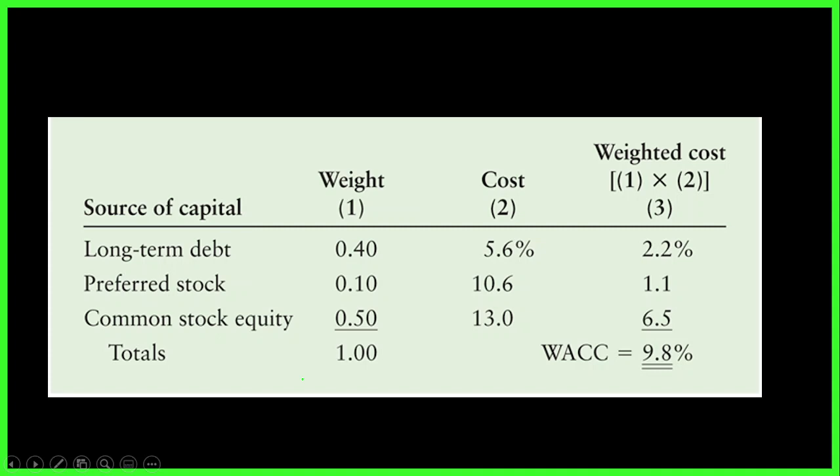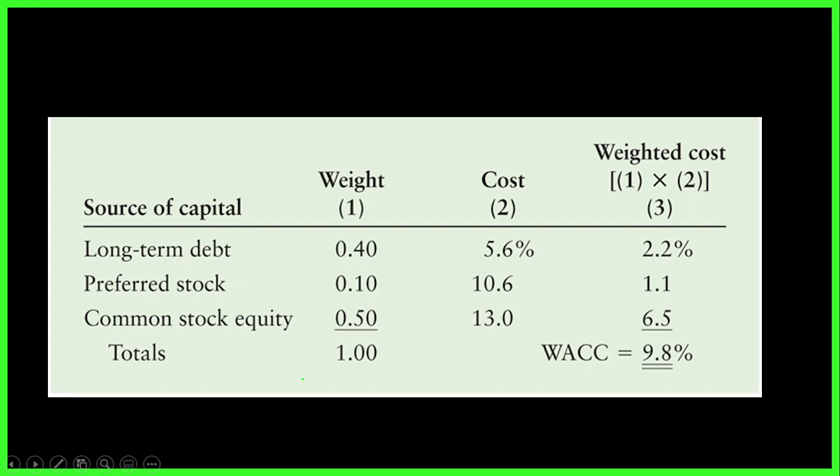So, ayan, yan yung gagamitin natin sa mga accept-reject decisions natin or for capital budgeting techniques. If you need a rate to use so that you will be able to discount the cash flows to their present values, ito yung pinakamagandang gamitin: the weighted average cost of capital.